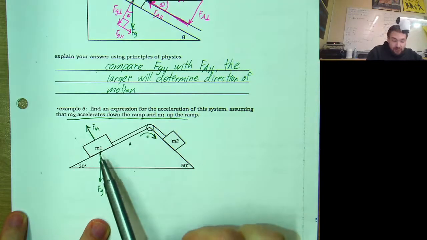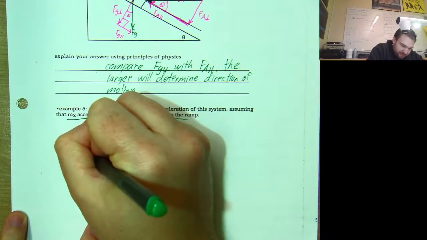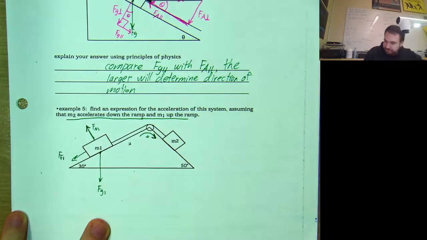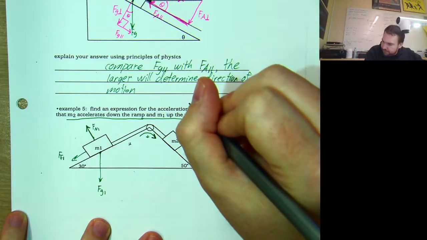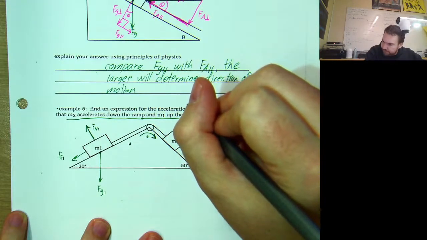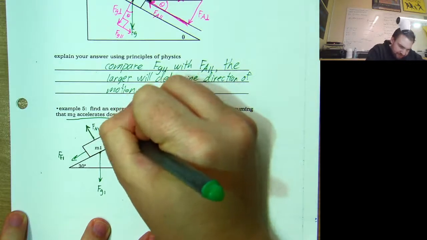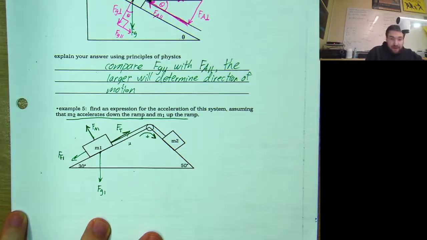So if m1 is going up the ramp, if that's my direction of motion and there is friction, friction has to be opposing that. Force of friction on 1. We also know that there's a force tension here. And that's the free body diagram for that.